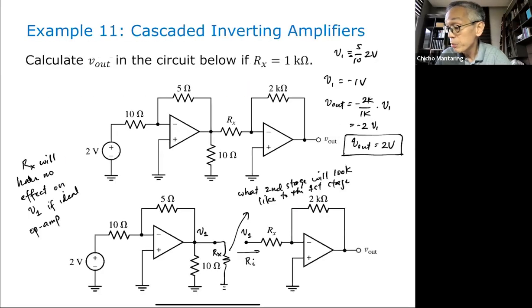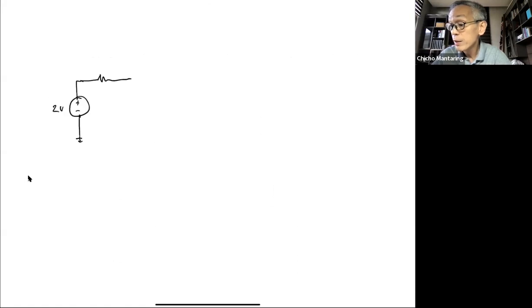It would have been different if, for example, I had a circuit like this. So let's say this is my 2 volts. What are the values here? 10 and 5. So this is 10, this is 5.